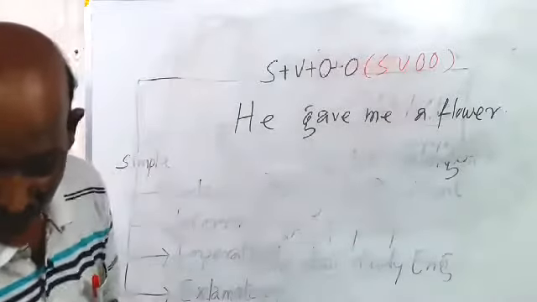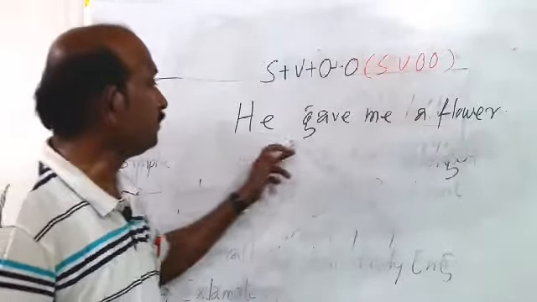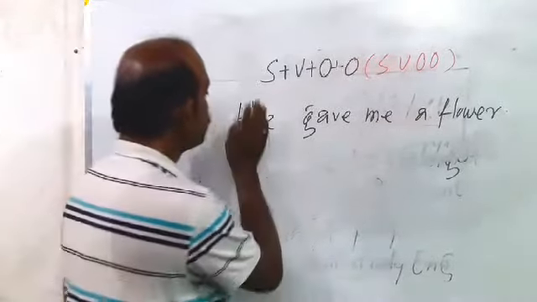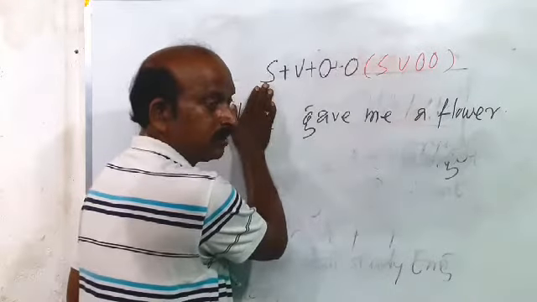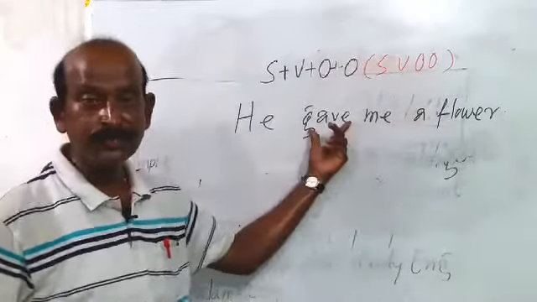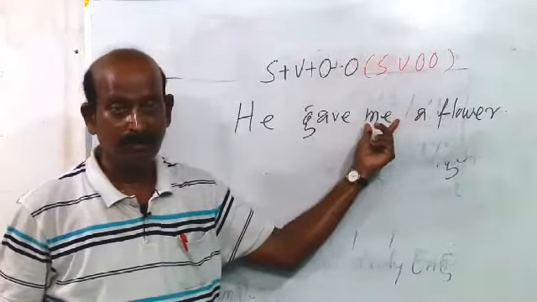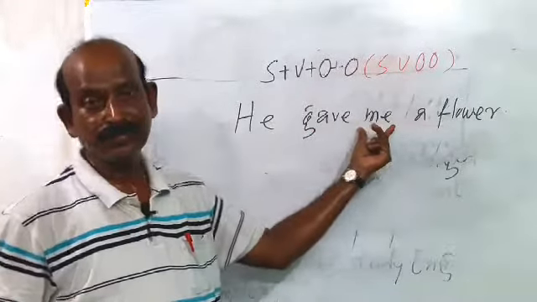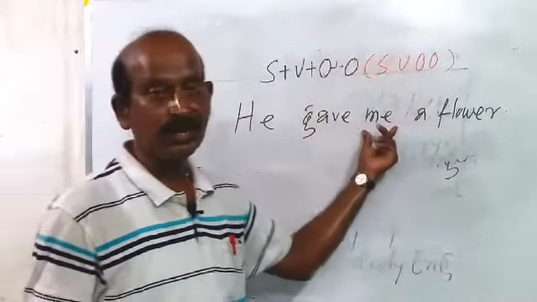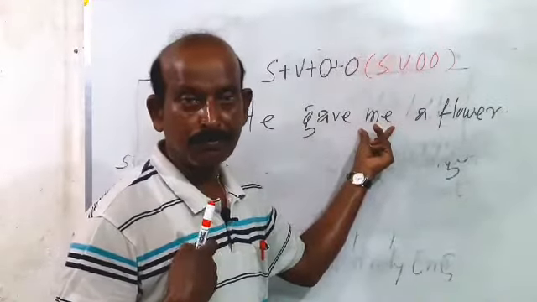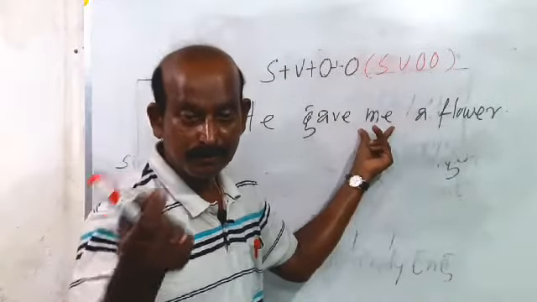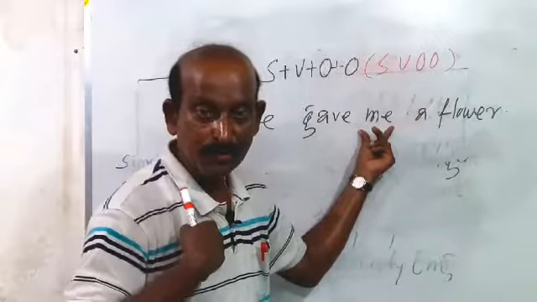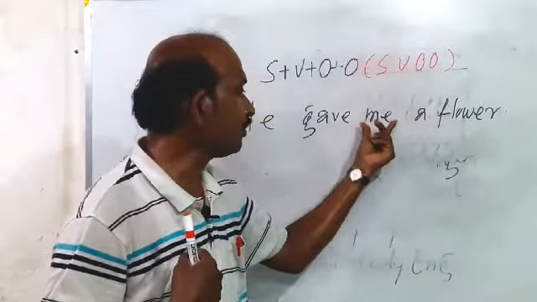In this sentence, students, follow: this is the subject, gave is the verb, and me is an object, because the verb passes over this word, me. He gave me a flower. That means the action passes over me. So me is one object.